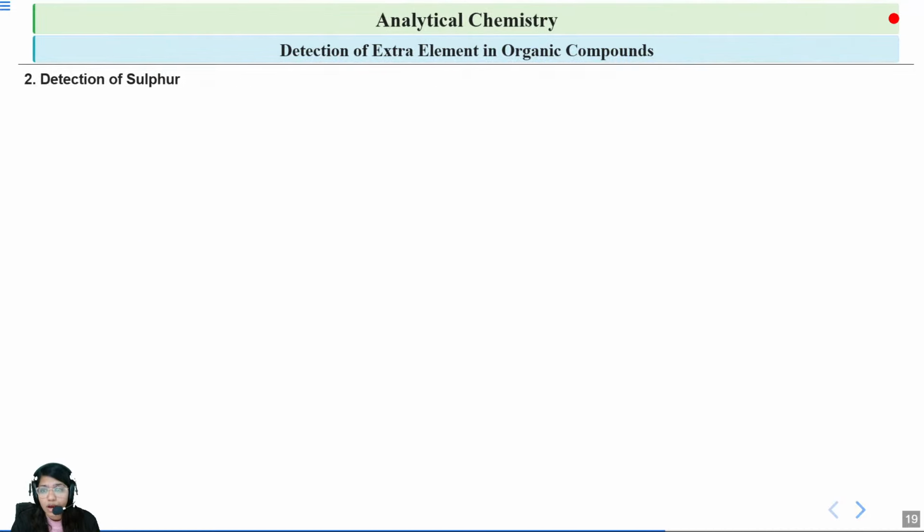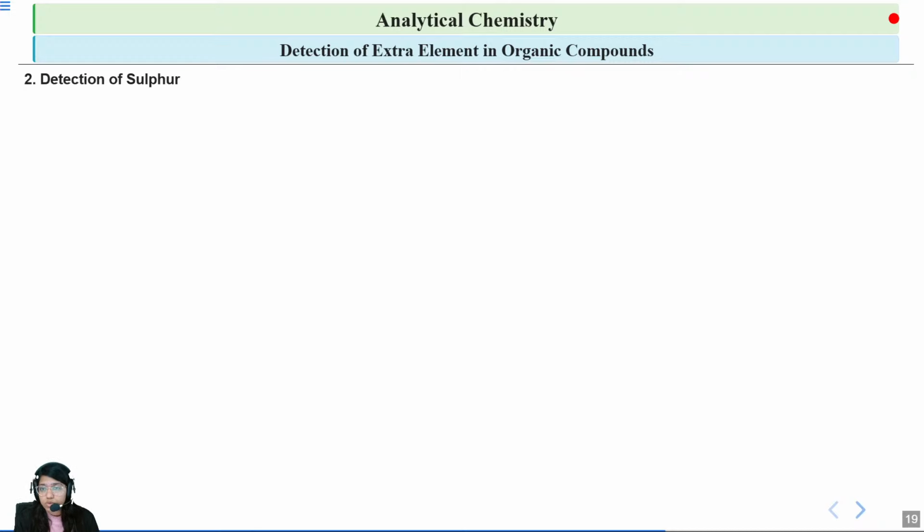Now let's see how we detect the presence of sulfur in an organic compound using Lassaigne's test when nitrogen is not present. So when an organic compound is fused with sodium, sulfur present in the compound is converted into sodium sulfide, Na2S.